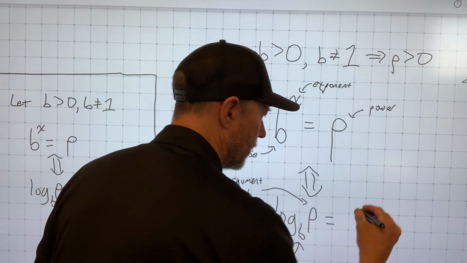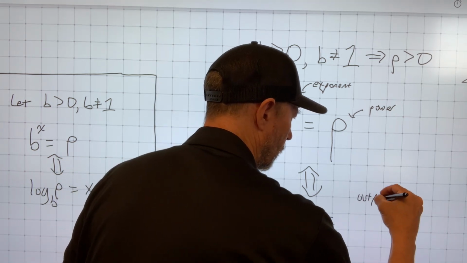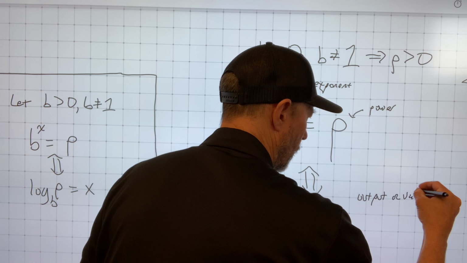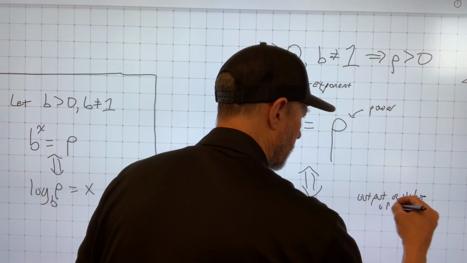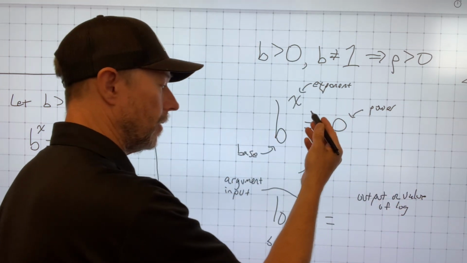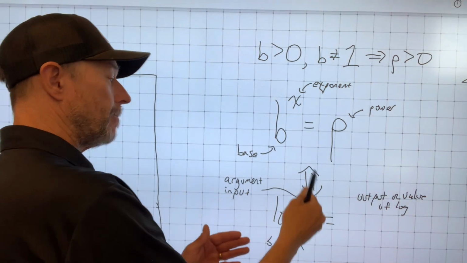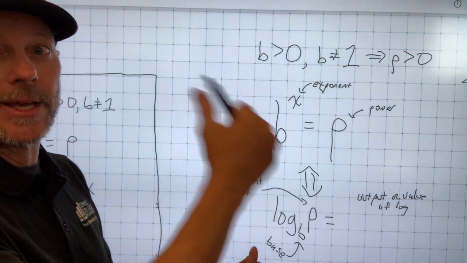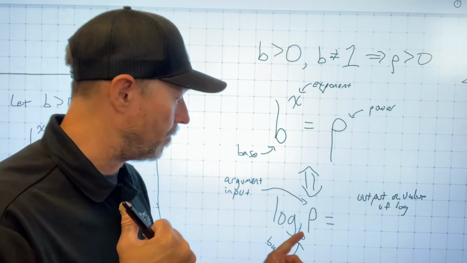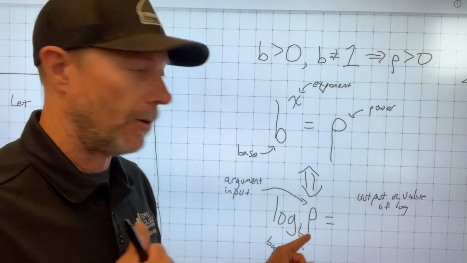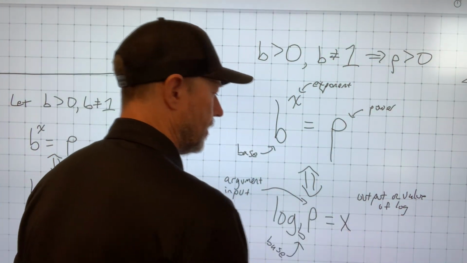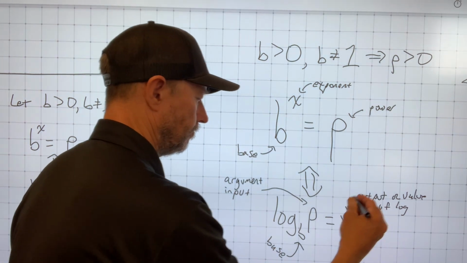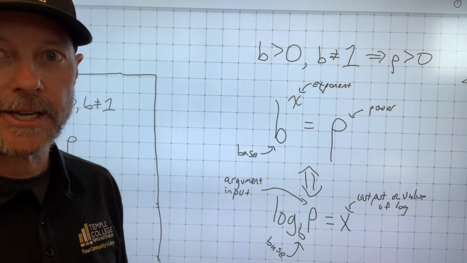And then the output of the log or value of the log is the exponent. So you put in the power into the logarithm and you get out what the exponent would be on this base to give you that power. That's the definition. And there's the definition of a logarithm.